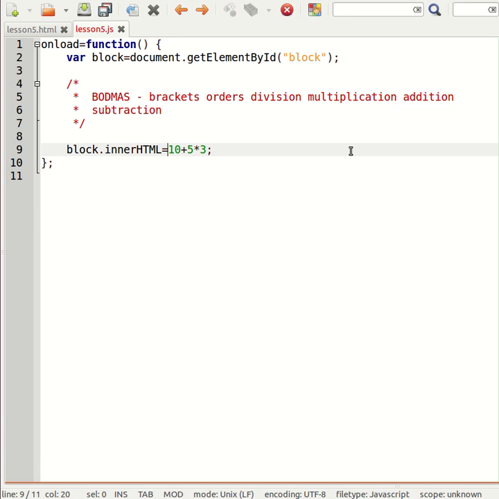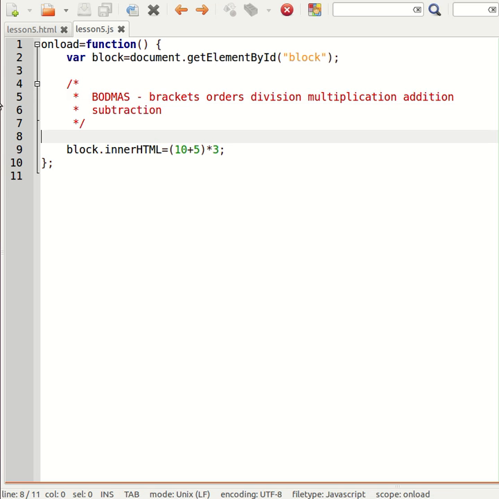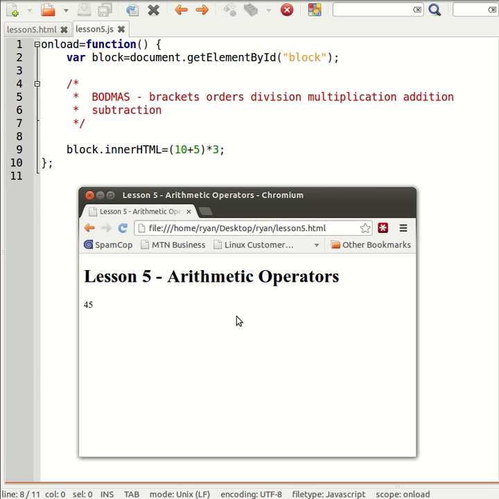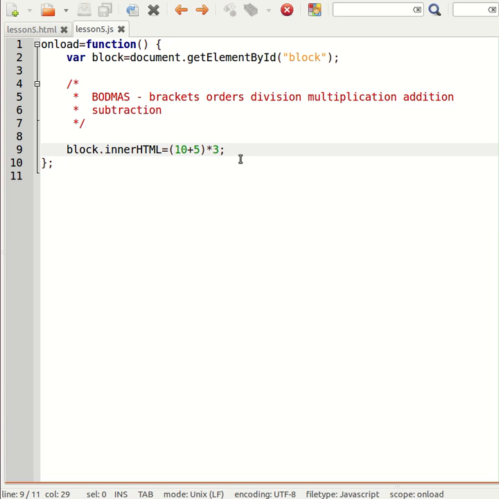But if we had to put brackets around the first part of the calculation, brackets actually take place before anything else. So whatever's in brackets will take place first. So 10 plus 5 is 15 times 3 is 45. Watch out for this when working with calculations that contain more than one operator.